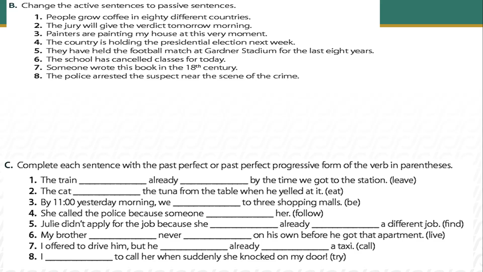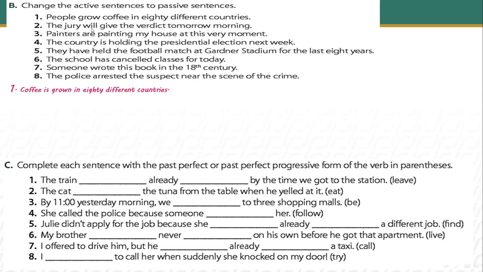The sentence will be: coffee is grown in 80 different countries. The verb to be in the present tense with singular, and the past participle of grow. Let's move to number 2.